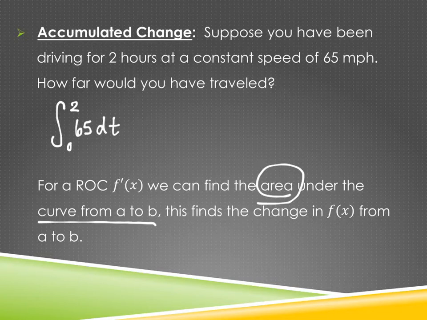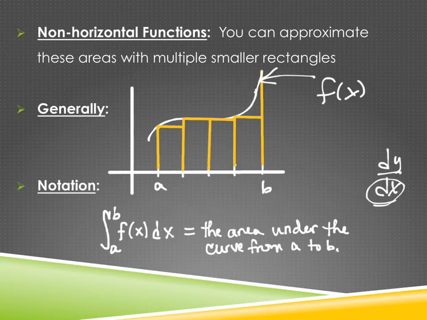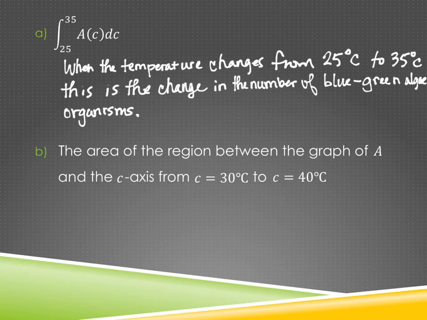Now, on part B, we're going to do the same thing. We're still writing a descriptive change over here. But instead of giving it to us with the mathematical notation, the definite integral notation, they're giving it to us in words. This describes the area of the region between the graph of A and the C-axis from 30 to 40.